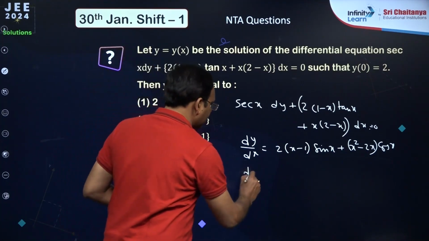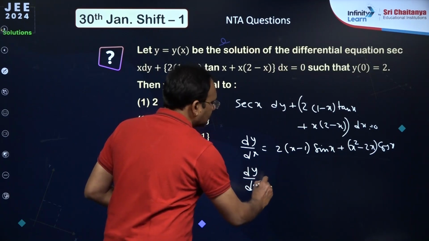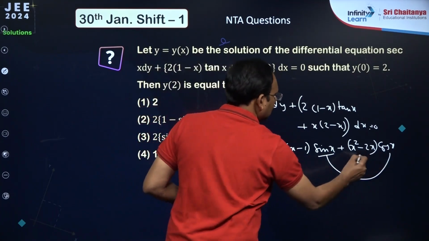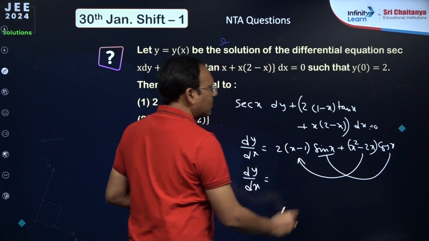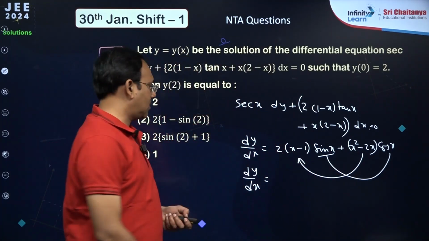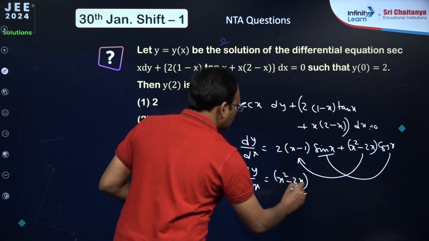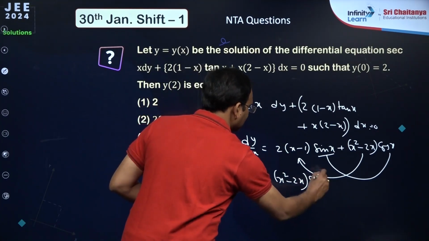Interestingly, you can also observe that dy by dx is, you see, sin x derivative cos x is here, x square minus 2x derivative 2x minus 2 is here. So this is nothing but the derivative of x square minus 2x into sin x.